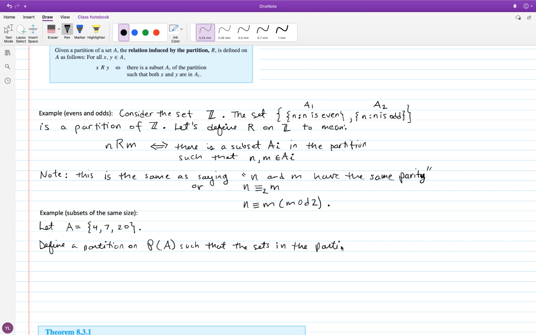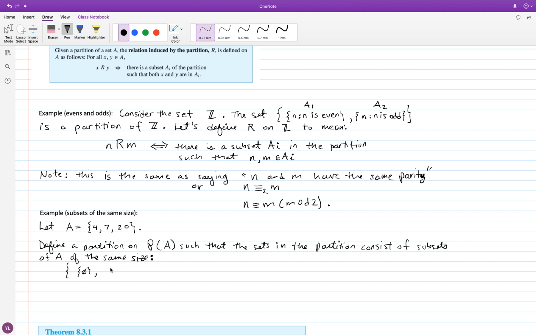The grouping that I want to do is to group the subsets of A by their size. The smallest subset of A has no elements, that's the empty set. There are some subsets of A that have size 1, the singleton sets. Then you have subsets of A of size 2 and just one subset of A of size 3. So I'm basically going to put those subsets into 4 different camps.